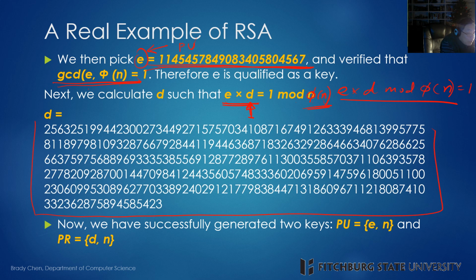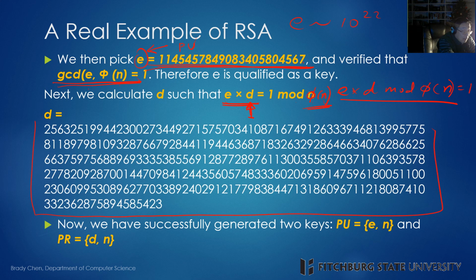Now how many digits does E have? 1, 2, 3, and so on up to 22. So E is about 10 to the 22. That's a relatively small number. It is not small by my standard, but it's a small number for RSA to deal with.